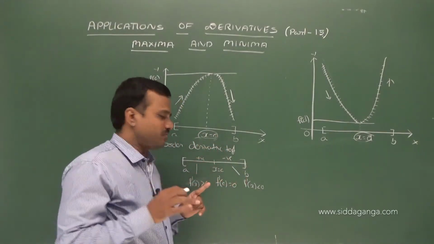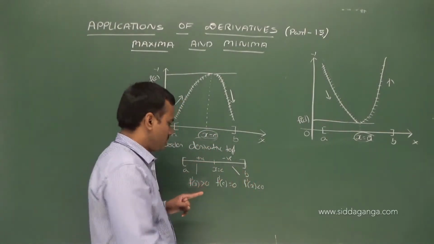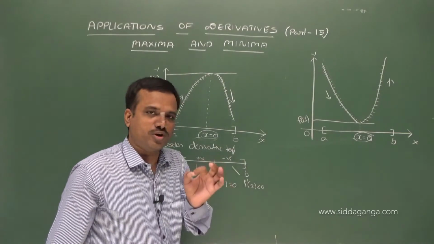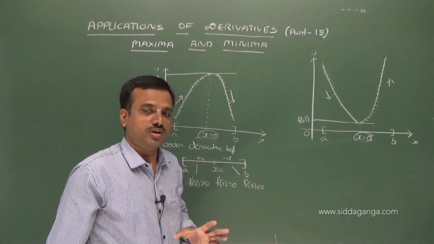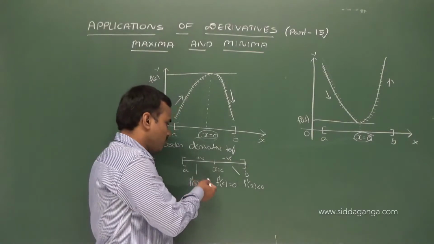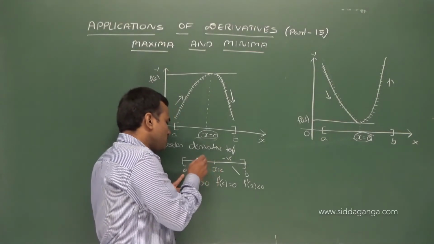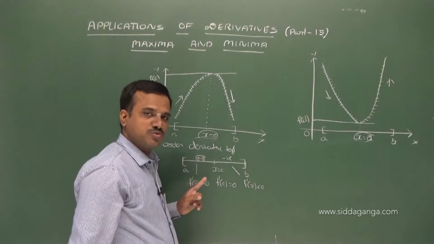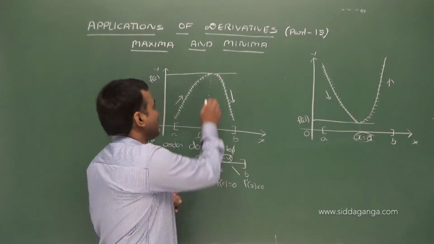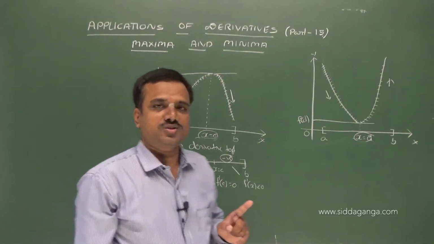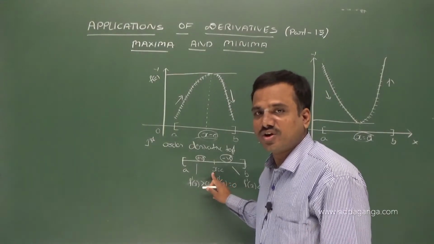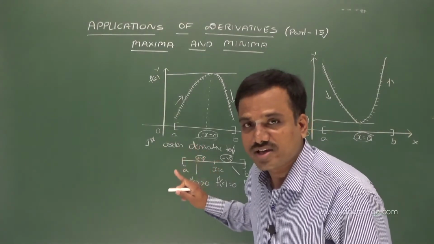When it is maximum in the closed interval at x is equal to c, f dash of c is equal to 0, the tangent is parallel to x-axis. From a to c the derivative is positive, from c to b the derivative is negative, then f of c we call the maximum value. X is equal to c we call the point of maxima.